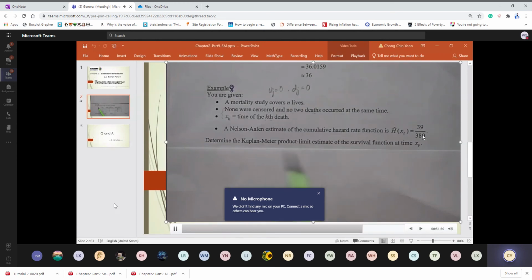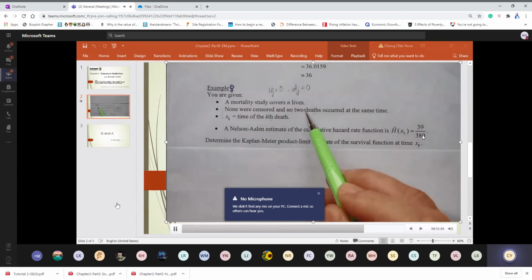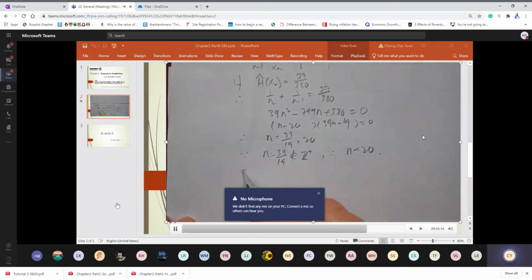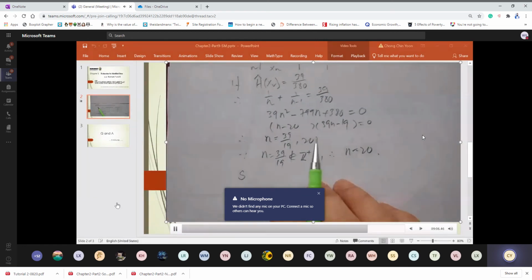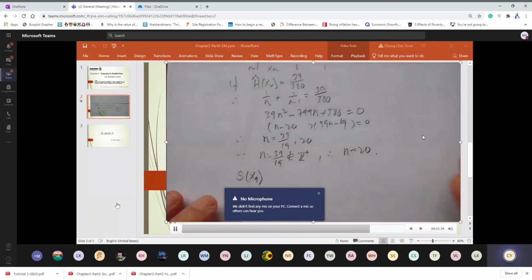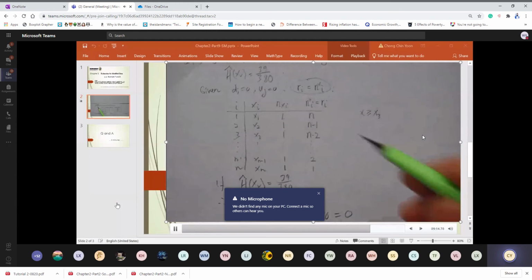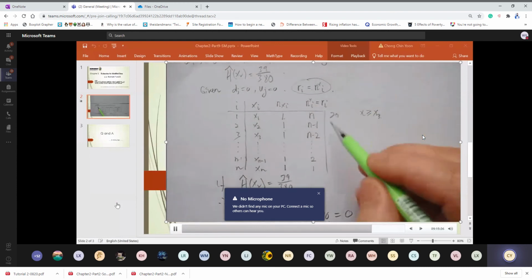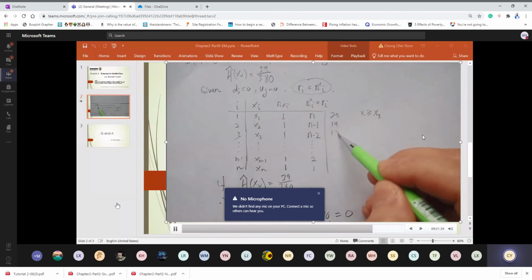Carry on. So that means we use Nelson-Aalen to find the information, and next we use Kaplan-Meier to solve this problem. For Kaplan-Meier, we need to calculate the survival at x9. This is our aim. So if you come back to here, you can see if you substitute n is 20, and this of course is 19, and this is 18, and so on.